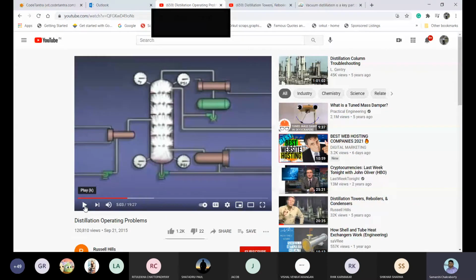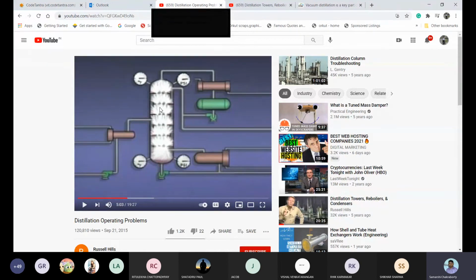Other than puking, it can also happen that vapor flow within your distillation column reduces significantly. Your distillation column trays are basically perforated, and on the perforated tray there will be caps, through which your vapor rises through the column.